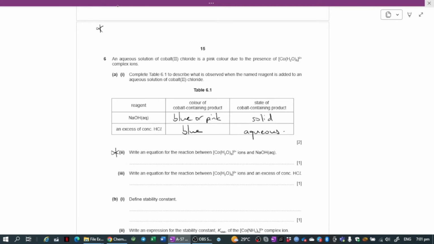I have [Co(H2O)6]2+, this could combine with hydroxide ions to form [Co(OH)(H2O)5]+, plus H2O, right?